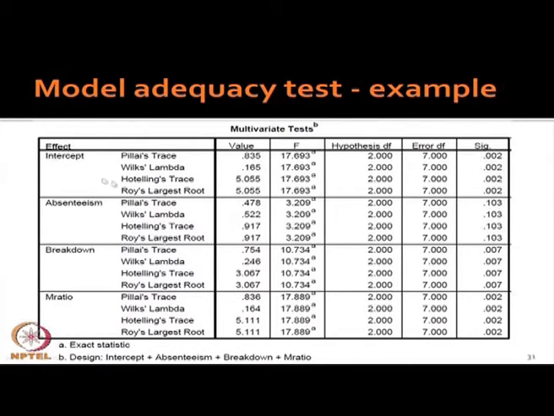So, intercept: see Pillai's trace, Wilks' lambda, Hotelling's trace, Roy's largest root, all those values are computed, their F test is taken and the significance level is very high. That means intercept is there, it is contributing. Absenteeism similarly, is it significant? Not at the 5% level, but a little more than that, at the 10% level it is significant.